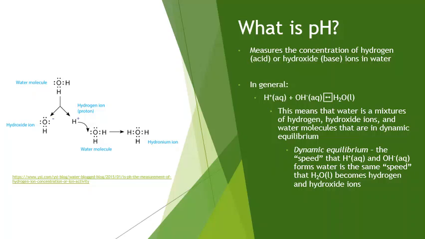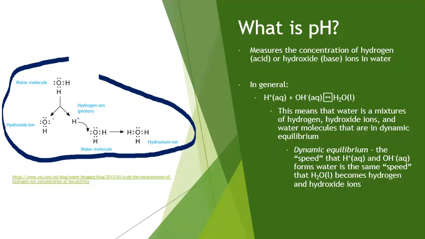on our molecule that we're looking at here, this is showing that when you have a water molecule such as this, that water molecule does not just exist as water or H2O as we're normally used to thinking about water.